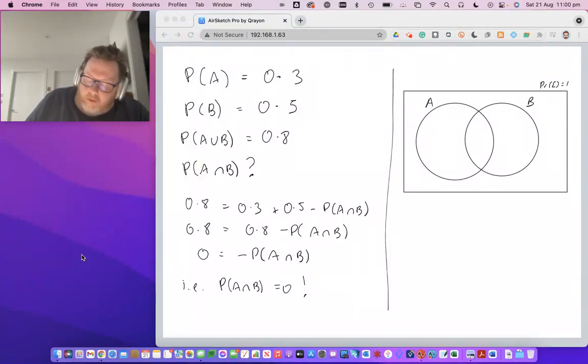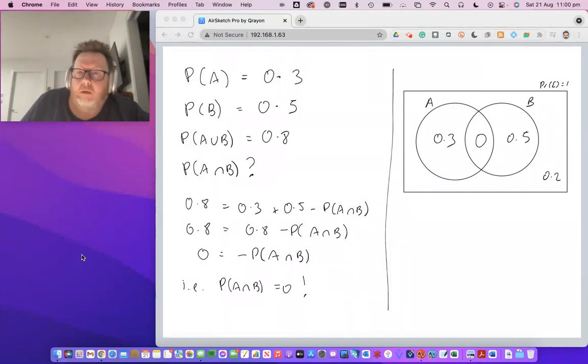So the probability in here is 0, which means that the probability on the left-hand side must be just straight old 0.3. This must be 0.5 out here, and this must be 0.2 here. Okay, but this is a bit weird, isn't it? You've got an intersection, but there's nothing in it, which means they're not actually intersecting. So genuinely, it should be drawn like this.